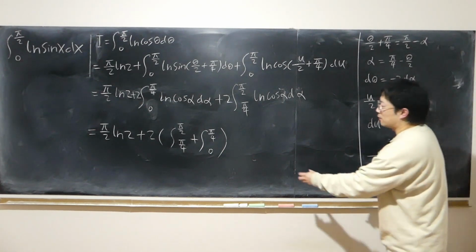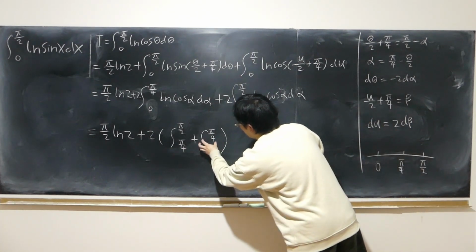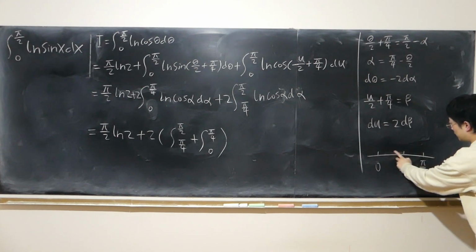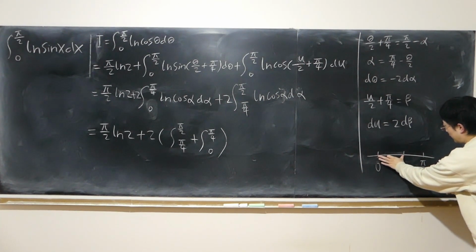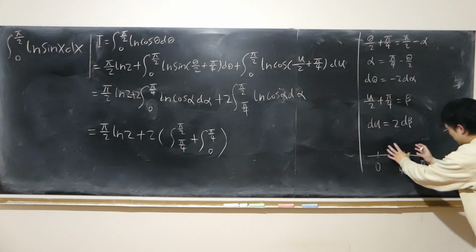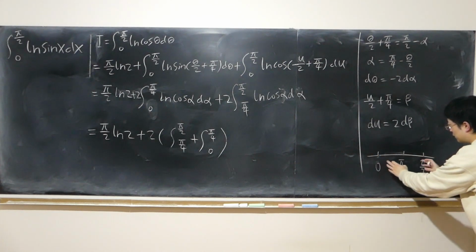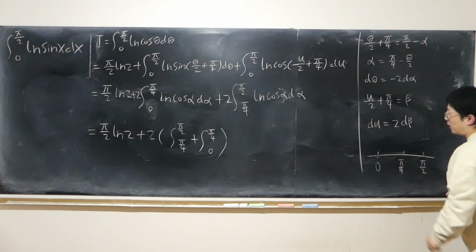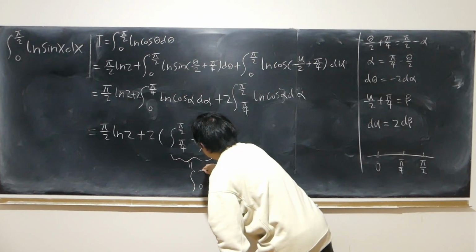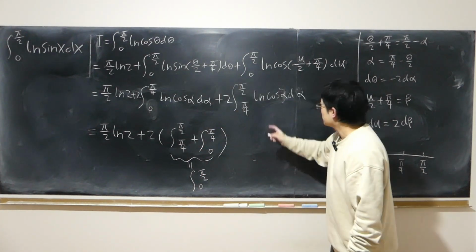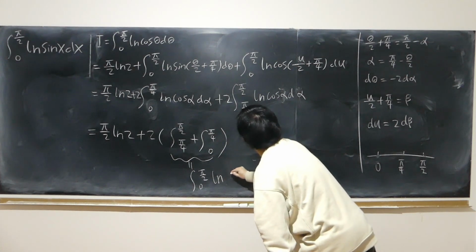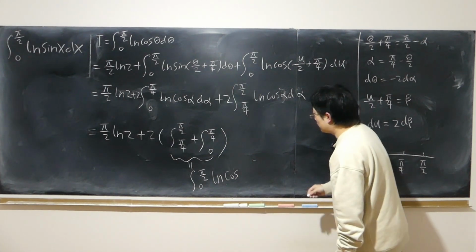But the idea is that when you add those two integrals together, you get the area under the curve for this segment plus the area under the curve of this segment. That is the area under the curve from 0 to half pi, of course, of this integrand, cosine alpha.